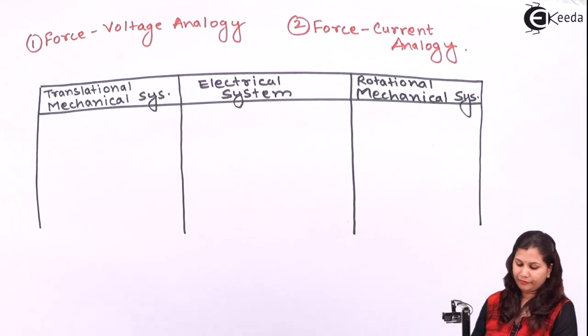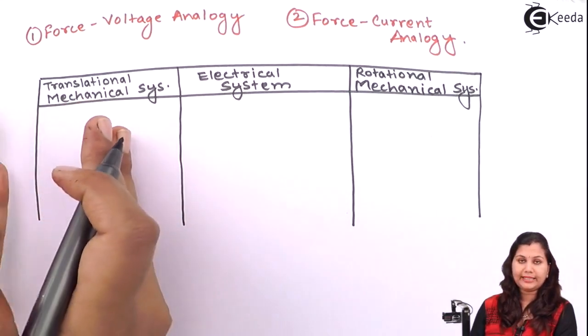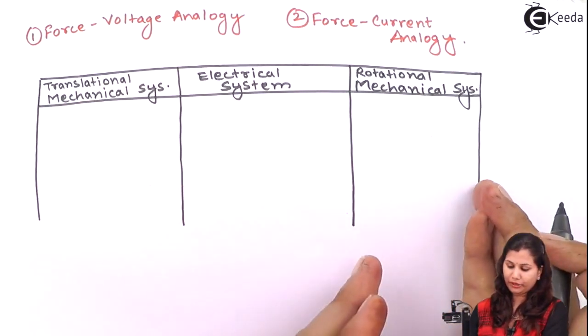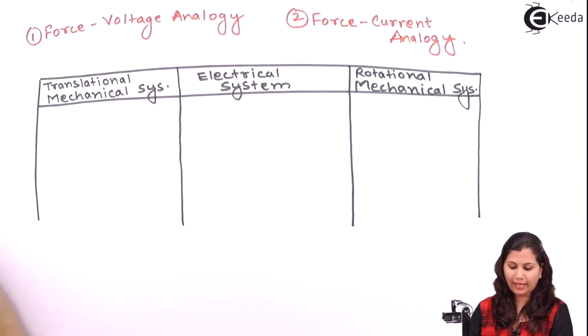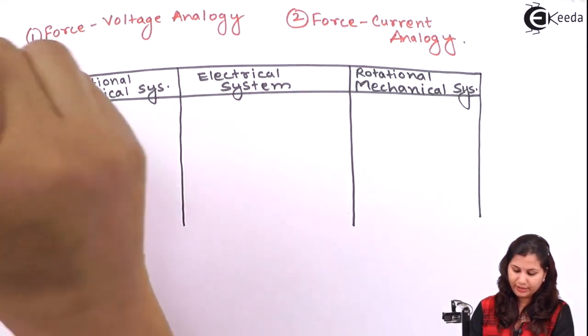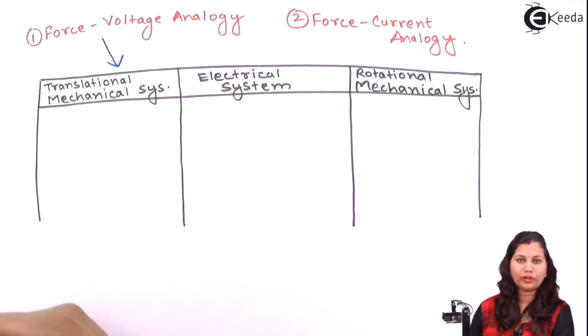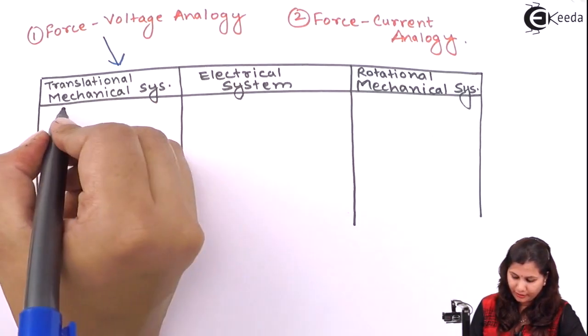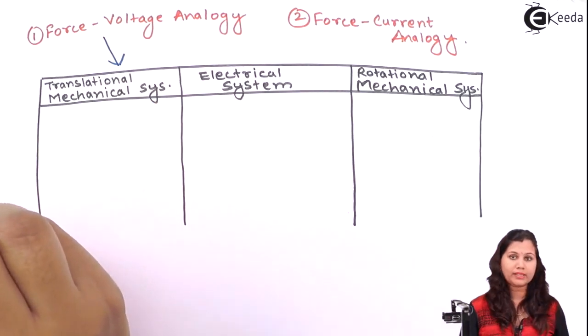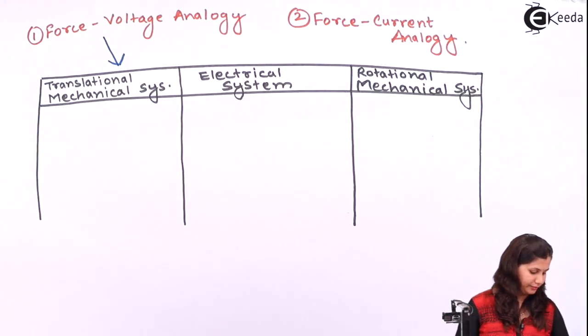How we can represent the translational mechanical system or the rotational mechanical system using the force voltage analogy. So this table is for the force voltage analogy. Just write the first equation and compare it.